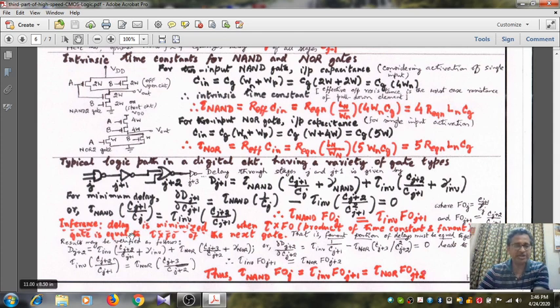Here, when you have a mixture of gates, you cannot ensure that FO to be same for all gates. Why? Because you can have a 2 input NOR gate followed by 5 input NOR gate, or 5 input NOR gate followed by 3 input NAND gate, 3 input NOR gate followed by 6 input NOR. So there all the time constants will differ, and it is not possible to have, say, Cj plus 1 equal to Cj for all j, right?